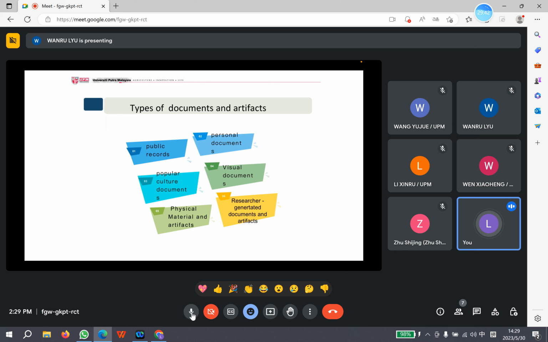Now let's look here. There are 5 types of documents and artifacts. For example, number 1 is public records, number 2 is personal documents, and next one is popular culture documents, and next one is visual documents. Number 5 is physical material and artifacts, and number 4 is researcher-generated documents and artifacts. Here I want to focus on researcher-generated documents and artifacts.